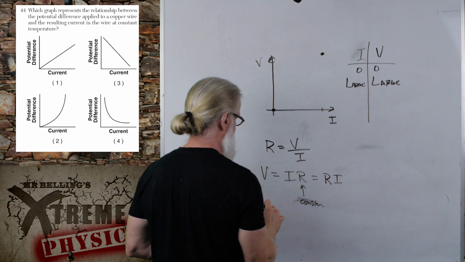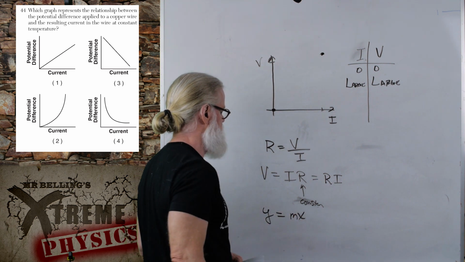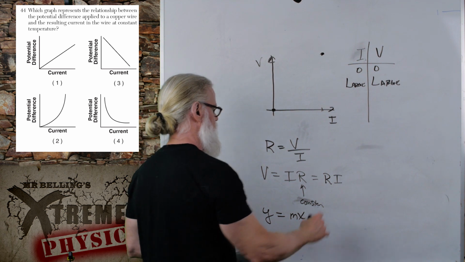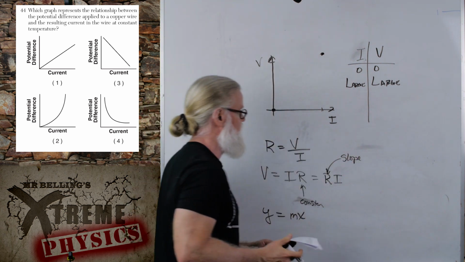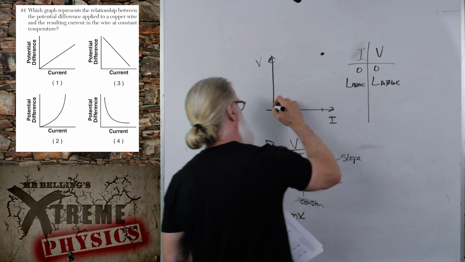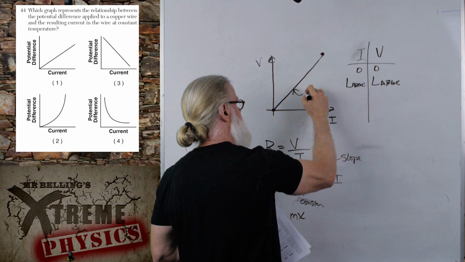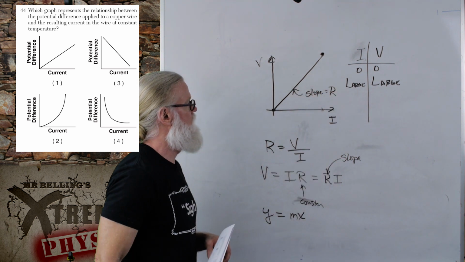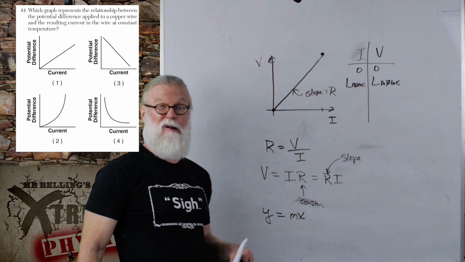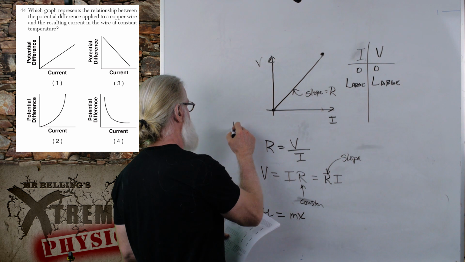That way we can see this is like Y equals mx, right? Where this is our slope, and because it obeys Ohm's law, it is constant. So this is going to look like that, where the slope equals R. R. Pirate Day here at the Regents exam. R. I guess 1. Choice 1, it looks like.